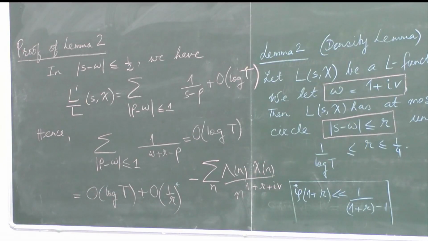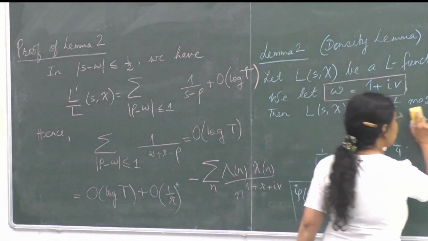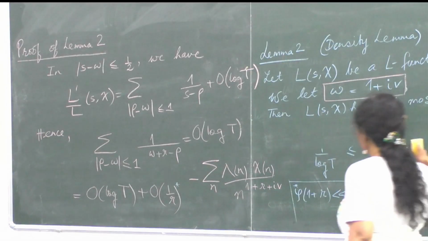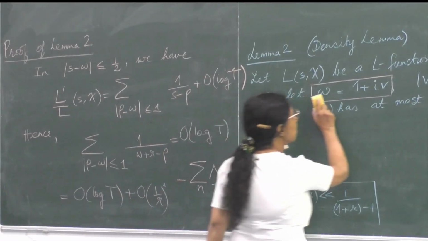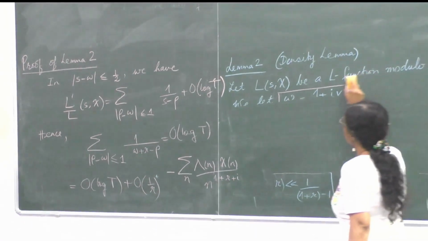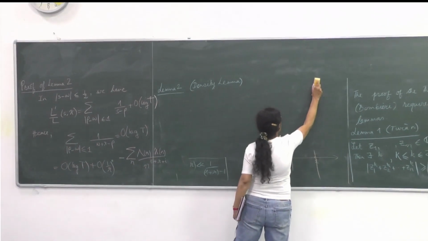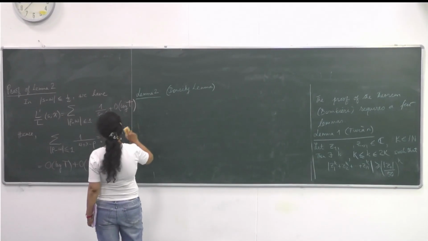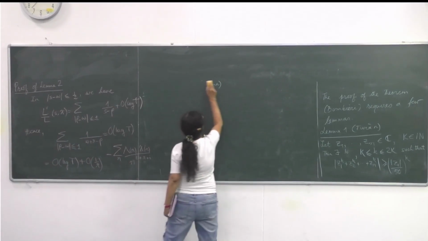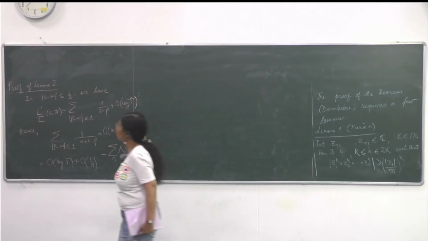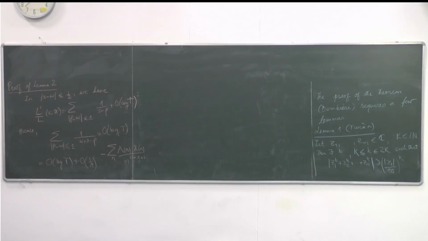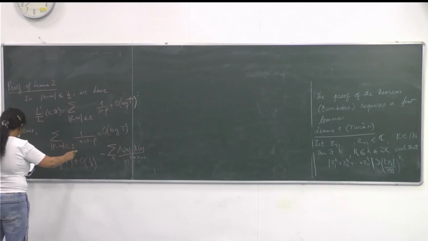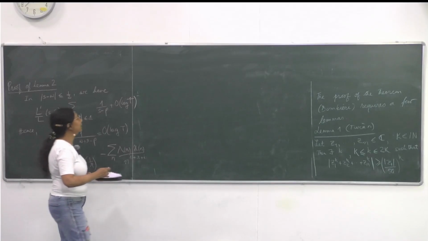So what do I know? I know that if I take the real part of this, then that's going to be greater than 0.